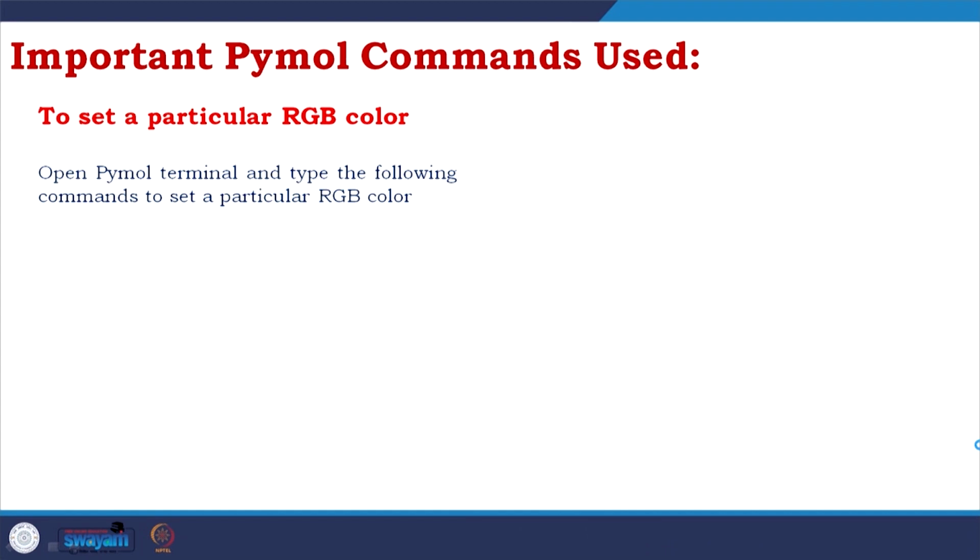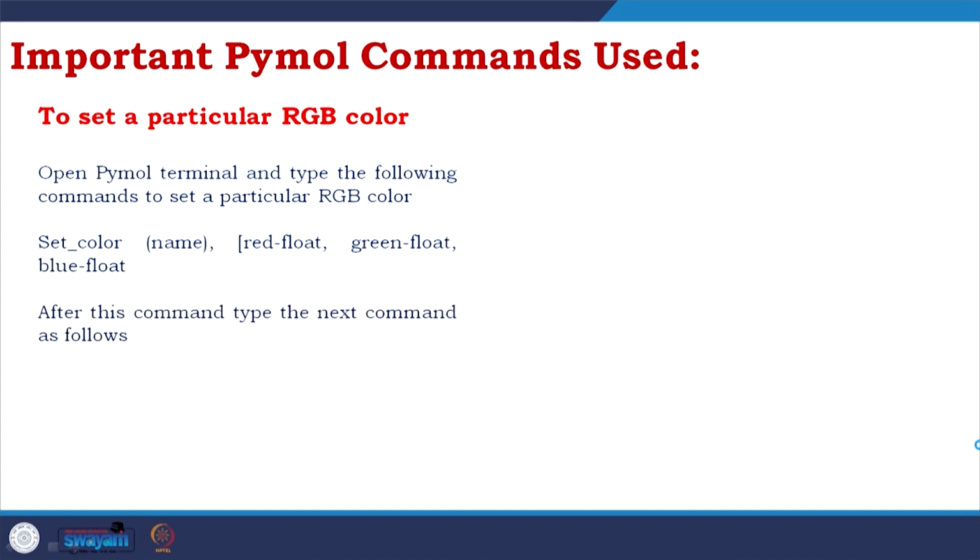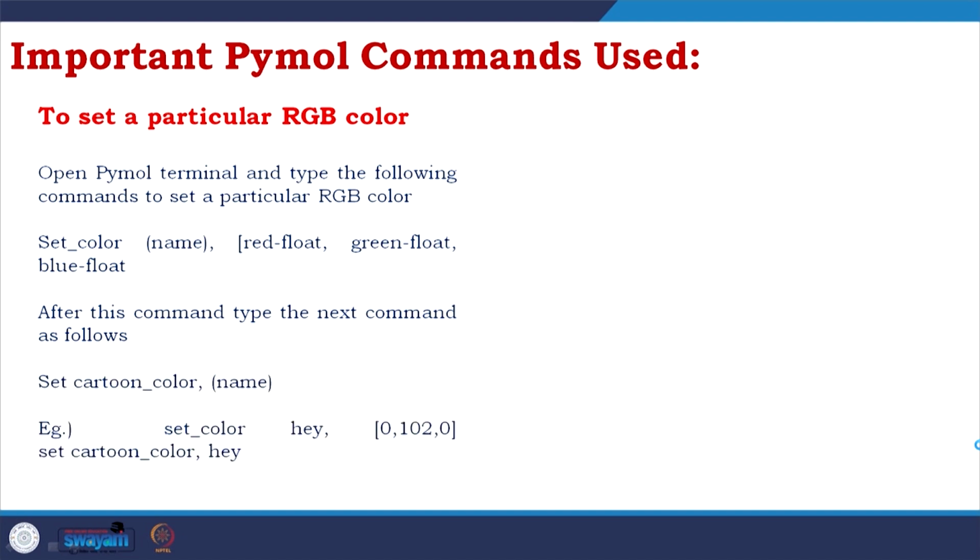Set underscore color, name, then float, red, green, blue, RGB. After this command, type the next command as follows: set cartoon underscore color, provide the name. For example, as we have shown earlier, you use hay color, which is 0 1 0 2 0.